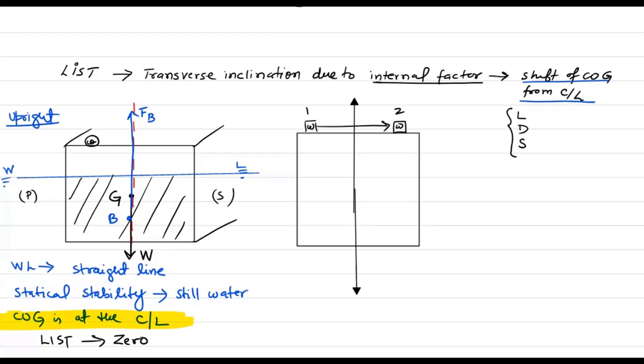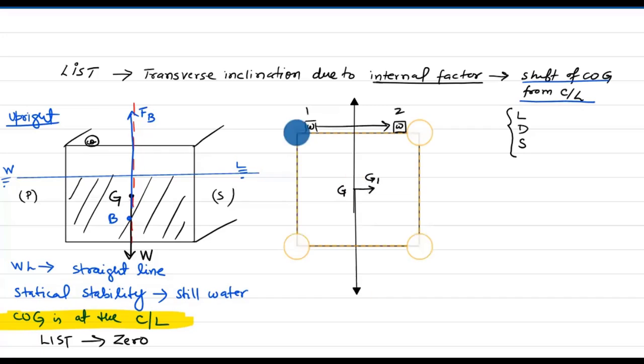So obviously, this center of gravity G will shift in this direction, by the same proportion, G to G1. Are you getting it? So this weight will now act from G1.